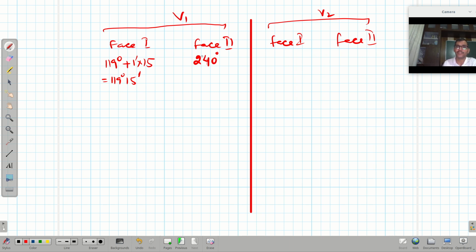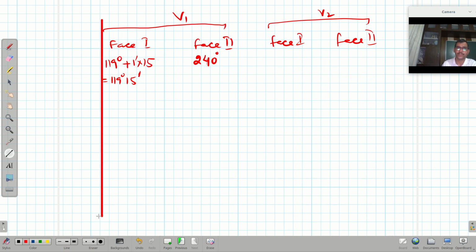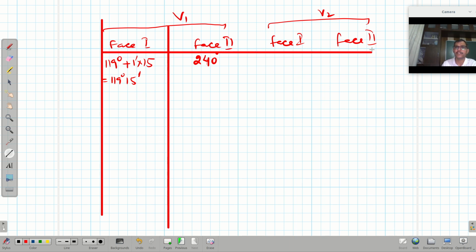So the difference of these two values is theta. Let us talk about that later on. Or I can also estimate theta from here. So this is for the first phase, this is for the second phase.